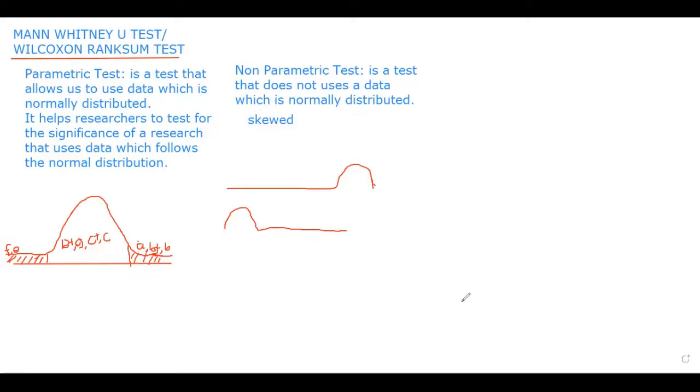That's a Mann-Whitney U test or Wilcoxon Ranksum test. So we are saying the people who developed this particular test, they are three. So that's why we have been using their names. The first one is Mann, the second one is Whitney, and the last one is what? Wilcoxon. So that's why we named it after them.